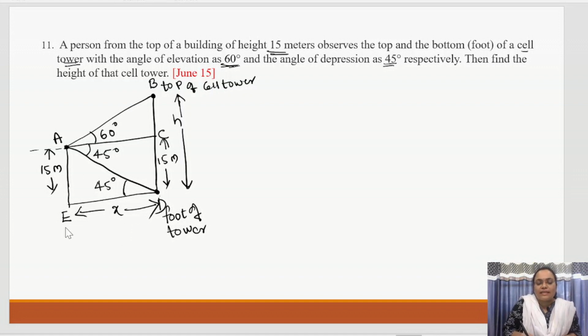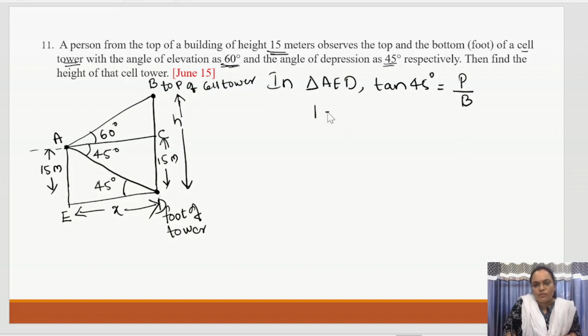So let us take triangle AED and apply tan 45. In triangle AED, tan 45 degrees is equal to perpendicular by base. Tan 45 is 1. So 1 is equal to 15 by x, the base. So you will get x is equal to 15 meters.